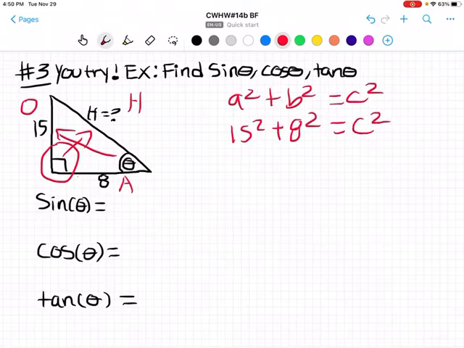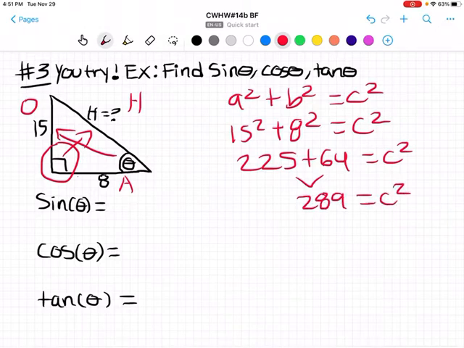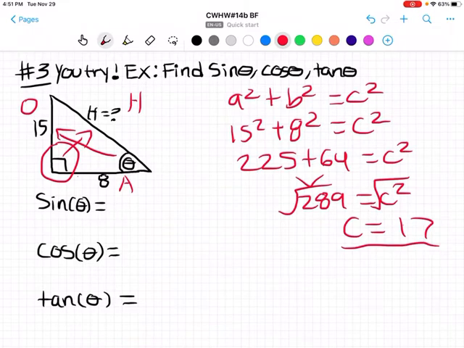This is going to be 15 squared, which is 225, plus 64, equals c squared. Add these two up. This gives you 289 equals c squared. To get rid of the square, we take the square root of both sides. C should be equal to 17. C in this case is your h, so this is going to be 17.